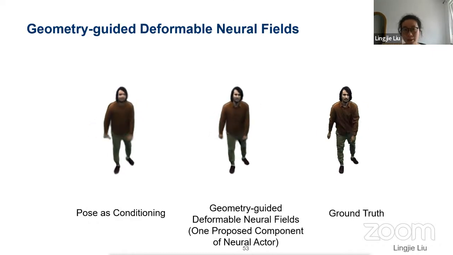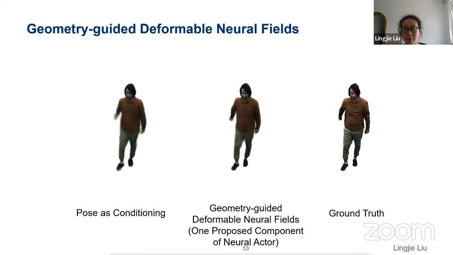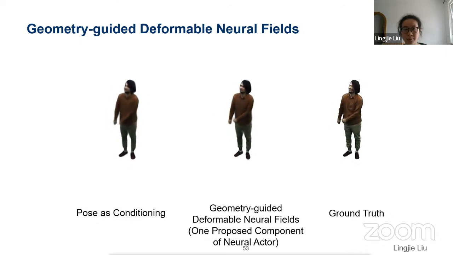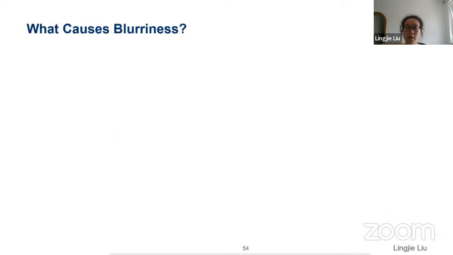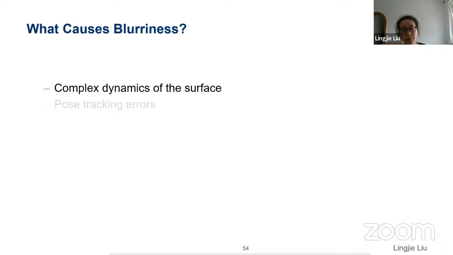However, this result is still blurry compared to the ground truth. So what causes the blurriness? There are multiple causes, like complex dynamics of the deforming surface, pose-tracking errors, and close body interaction.